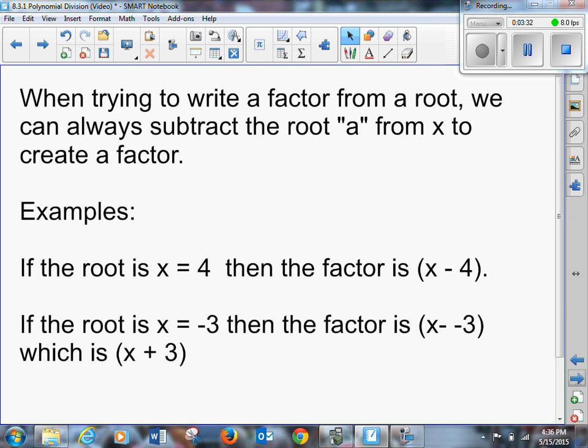For example, if the root is x equals 4, then the factor is x minus 4. If the root is x equals negative 3, I can still subtract it from x. I can go x minus negative 3, which is x plus 3, which is what we know it to be. So it's always okay to go x minus whatever the root is and simplify from there in order to figure out the factors. Sometimes that's going to be helpful to you.